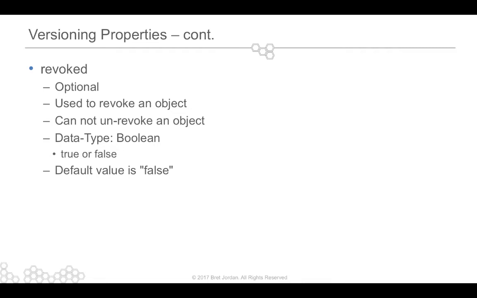Once an object is revoked, it cannot be unrevoked. The data type for this property is a Boolean, and must be a literal, unquoted value of true or false. The default value for this property is false. The revoked property is one of 3 properties used in versioning. For more information, please see the video on STIX versioning.